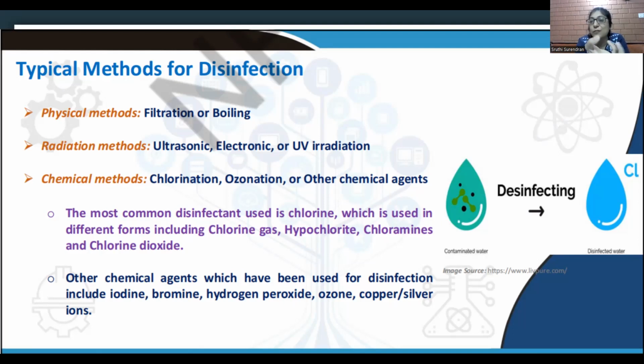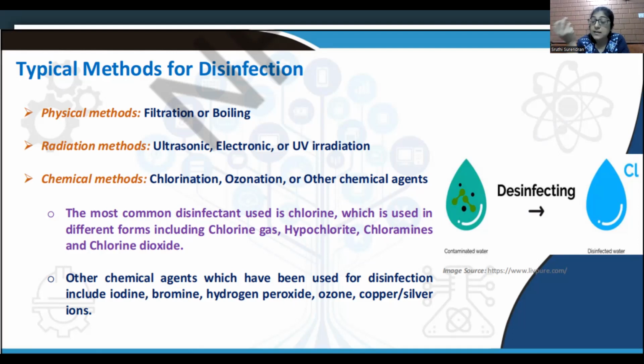It will dissociate to form hypochlorous acid, HOCl, which is the chemical formula for hypochlorous acid. Since it is a little unstable, it will dissociate to form hypochlorite ions, which is also a byproduct of chlorine.